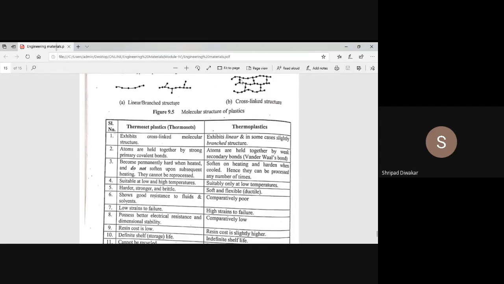In thermoset plastics, the atoms are held together by strong primary covalent bonds, whereas in thermoplastics, by weak secondary bonds.